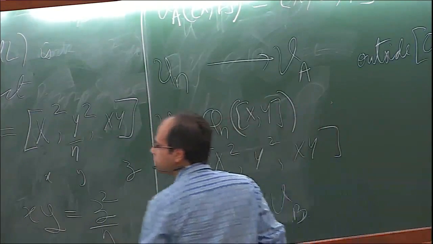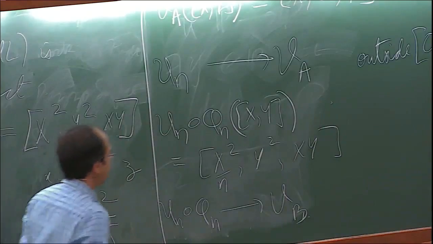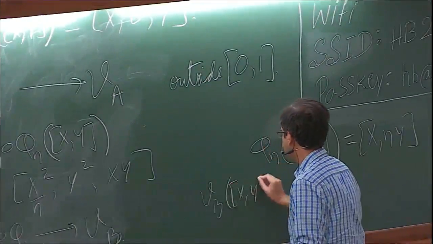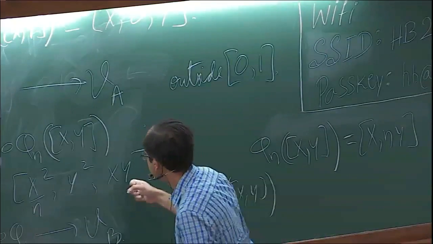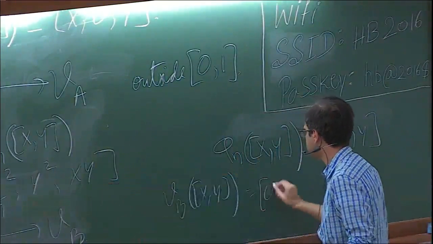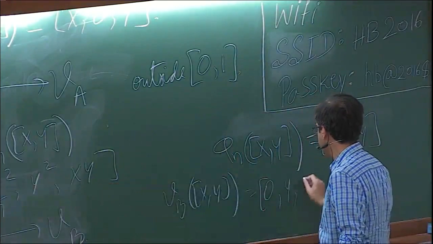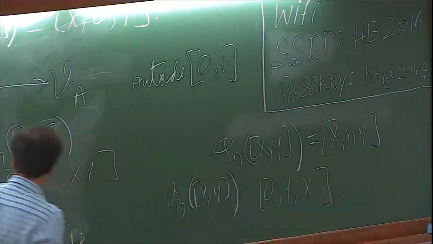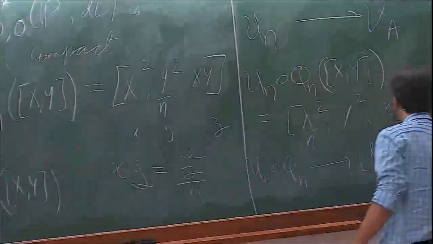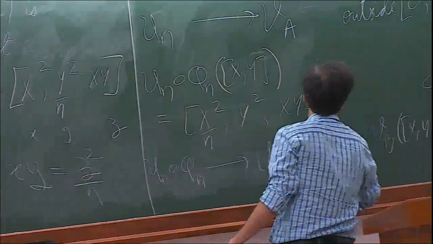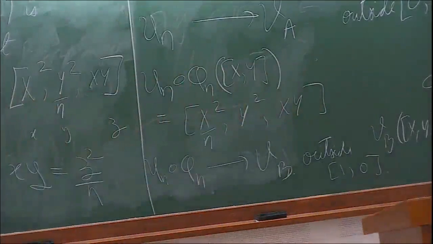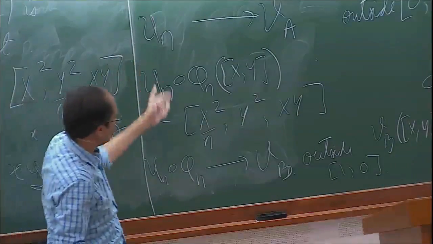And so UN composed with phi n converges to VB, where VB is the following map. It's basically the same thing: kill this and divide out by y, which gives 0, y, and x. So UN composed with phi n converges to VB everywhere except 1, 0. So 1, 0 is the bad point.